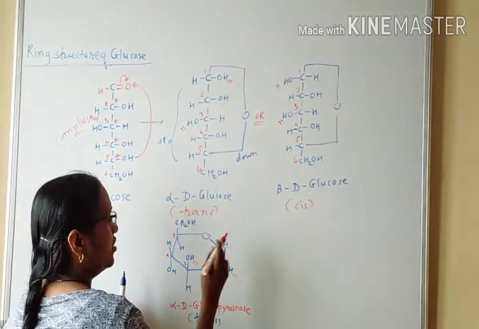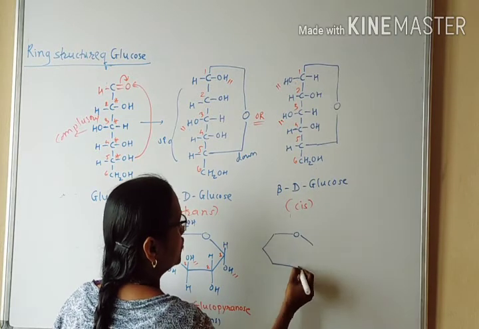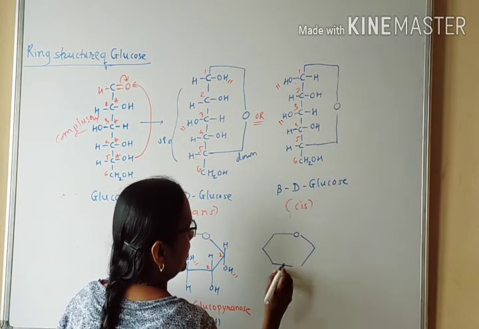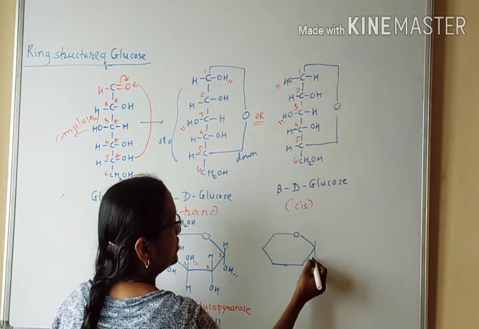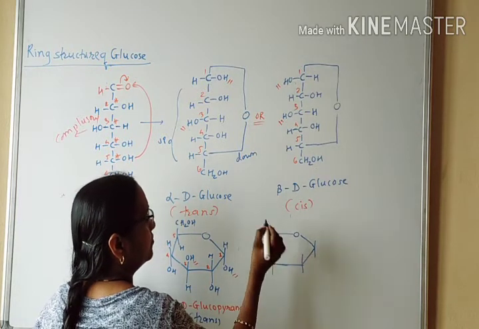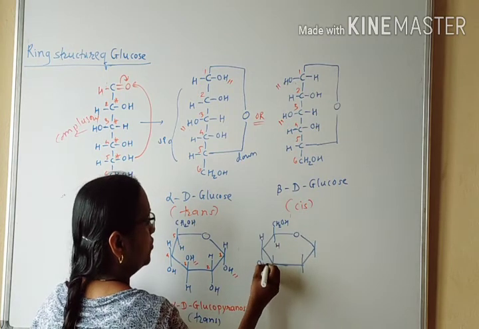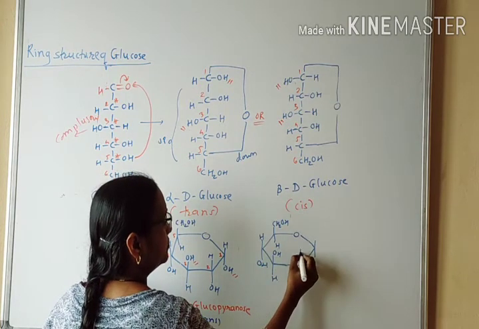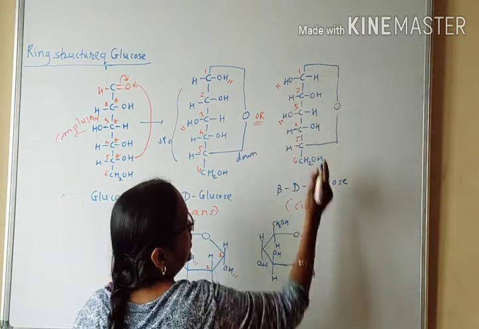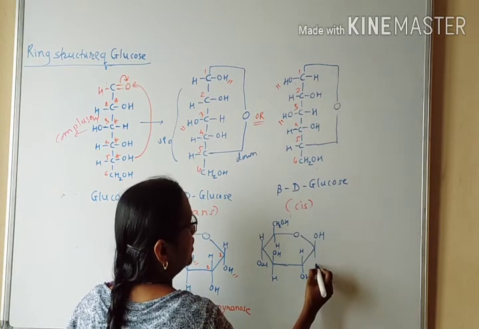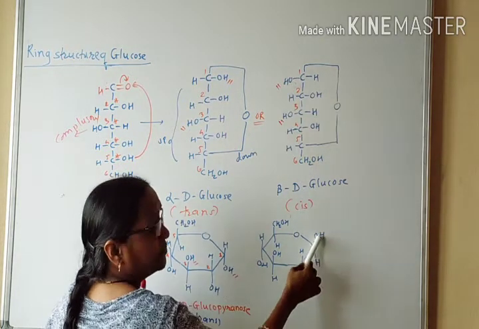Similarly, there is a formation of the ring with O. So what will be the change here? The change is in the third and first OH. Same CH2OH, 6th carbon atom, H, here H, OH. Now see what we will change. On the first carbon atom, H will be on the downside and OH will be on the upside, which was on the left side, so it comes to the upside.